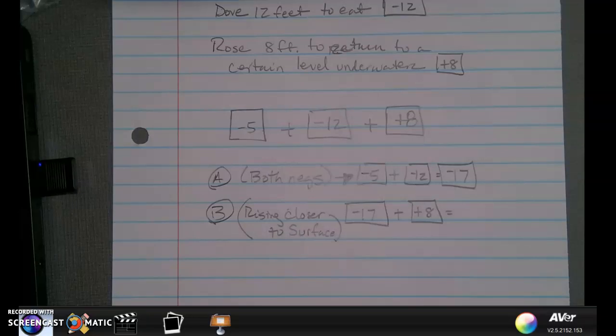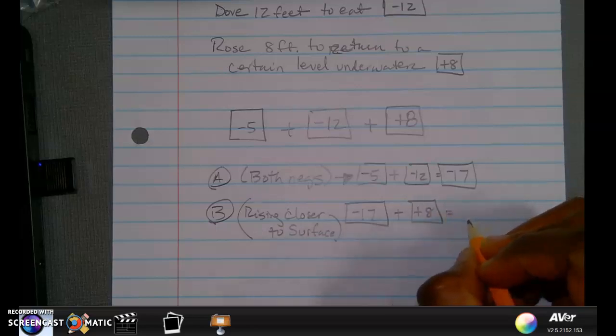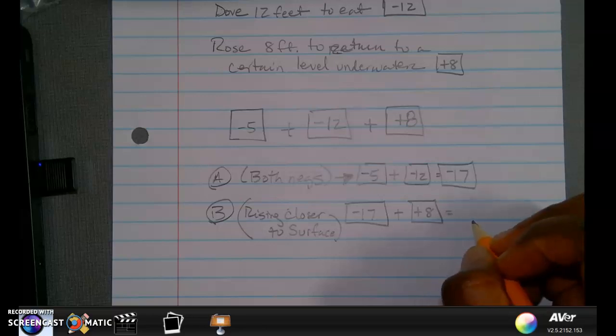Okay, we're back. So now what I'm going to do is I'm going to go ahead and give you the answer. Hopefully we came up with the same answer. Hopefully you were following along on your paper. We're then going to end up at what level under the water? Again, we started off with negative 17. I added an additional 8 feet.